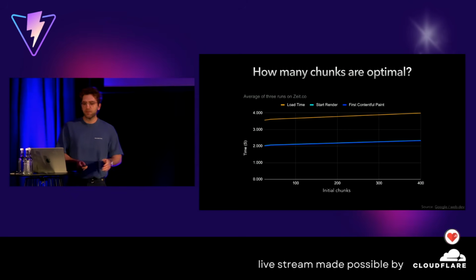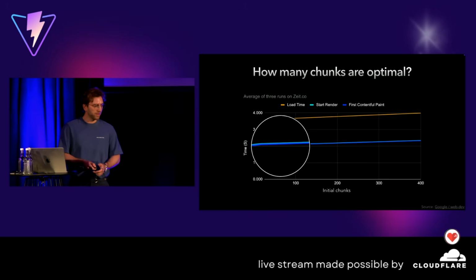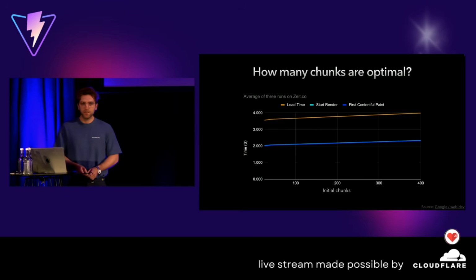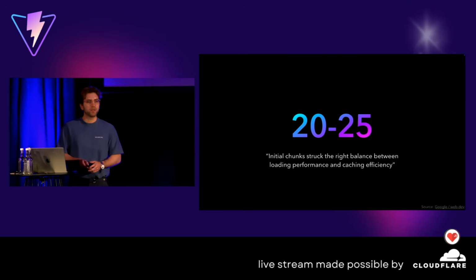So it's been a few years, but it's still relevant today. If we look closely, there's a small curve up here. Somewhere below 100 chunks, we get a sweet spot. That is exactly 20 to 25 initial chunks, which struck the right balance between loading performance and caching efficiency. And this is important for later.